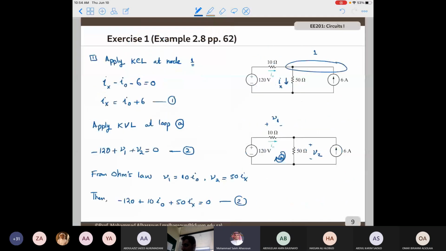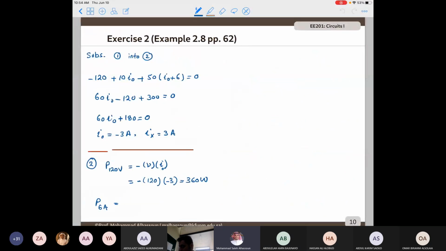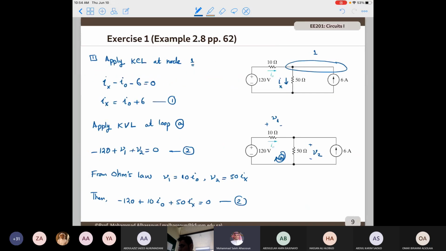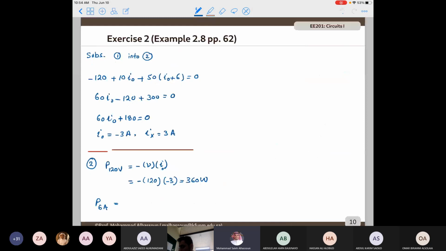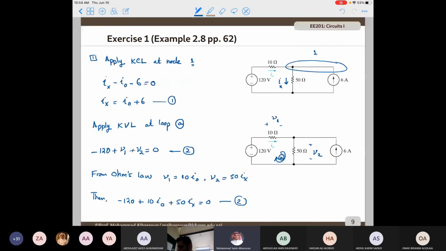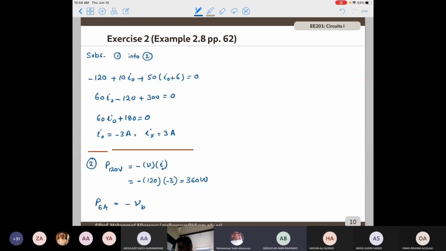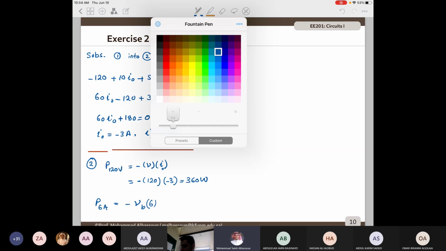But we can use Ohm's law to find it. Again, according to the passive sign convention, we have to have a negative because the current is going from the low potential to the high potential. So it's going to be VB multiplied by 6. So now let's try to find VB.